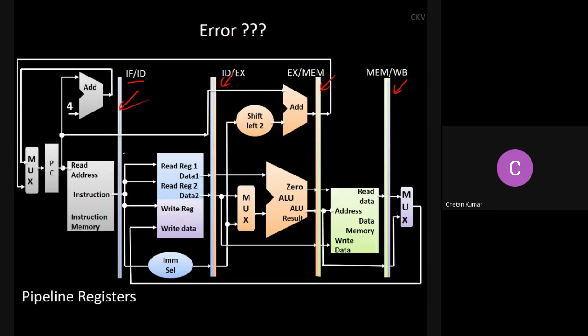But if you're just talking about the data movement, can you take a guess what will be the size of this register? This is simple enough. 32 bits? Only 32 bits?